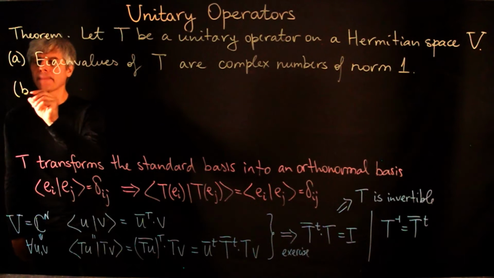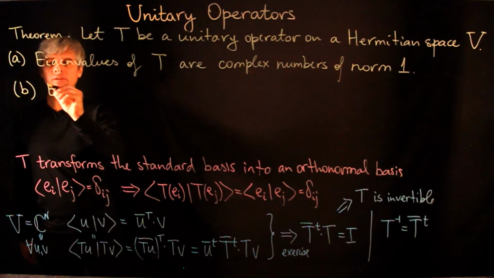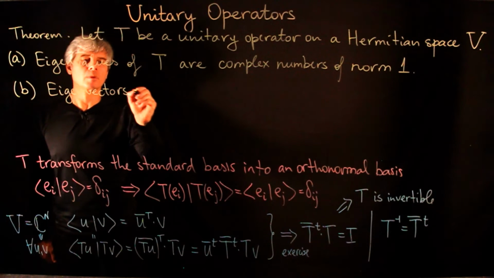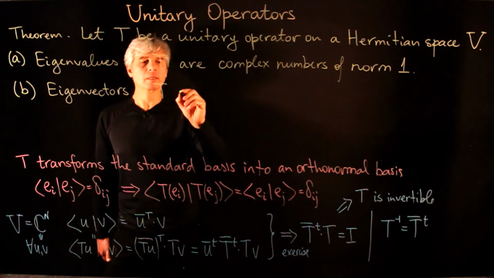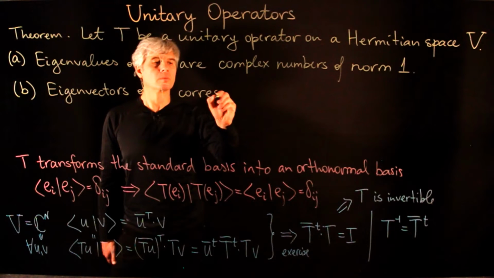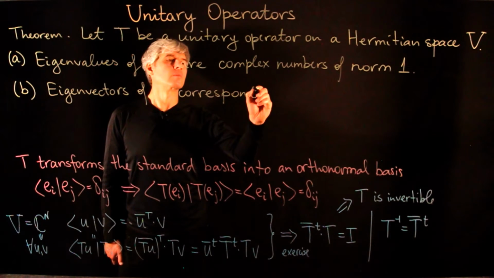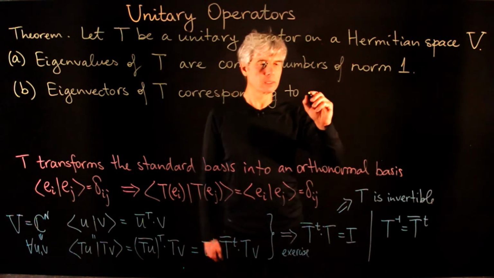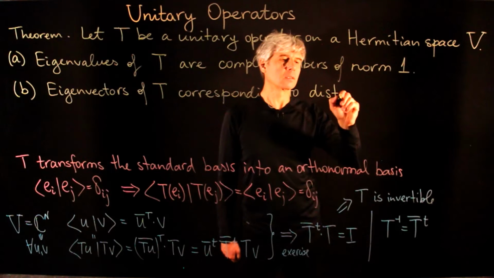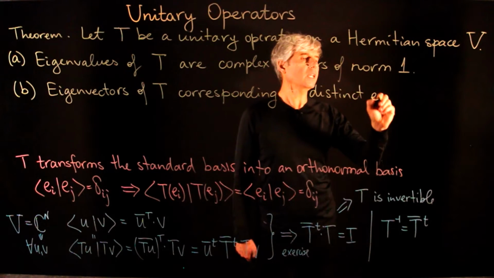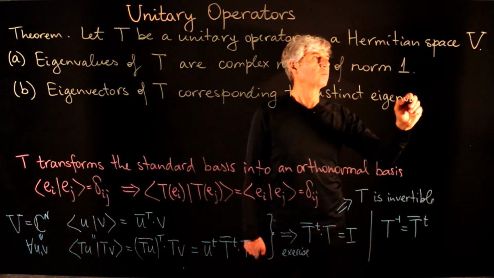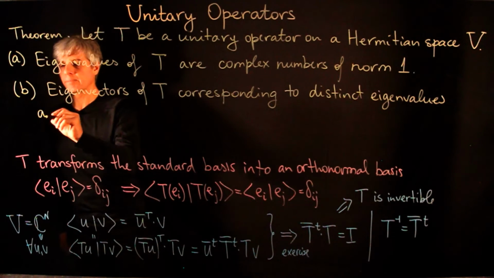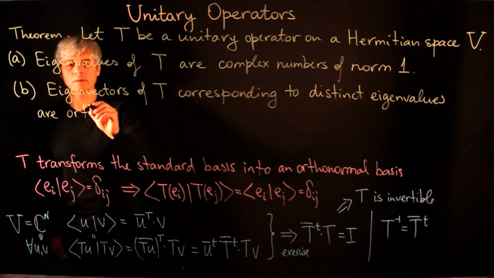And B, eigenvectors of T corresponding to distinct eigenvalues are orthogonal to each other.